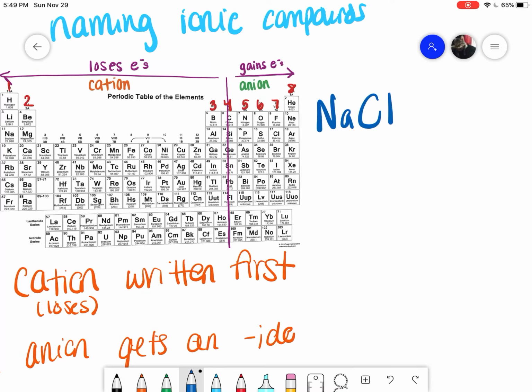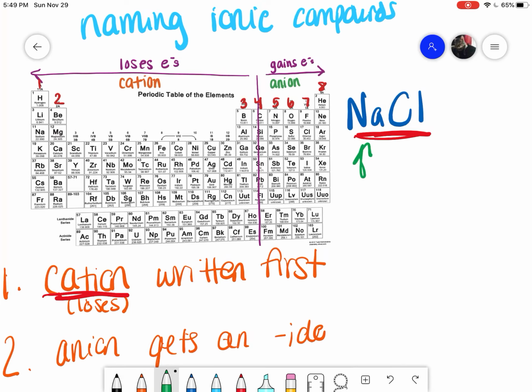So when you are looking at compounds, your cation will always be written first, and then your anion will be second. So you're just going to write them in the order that you see them.